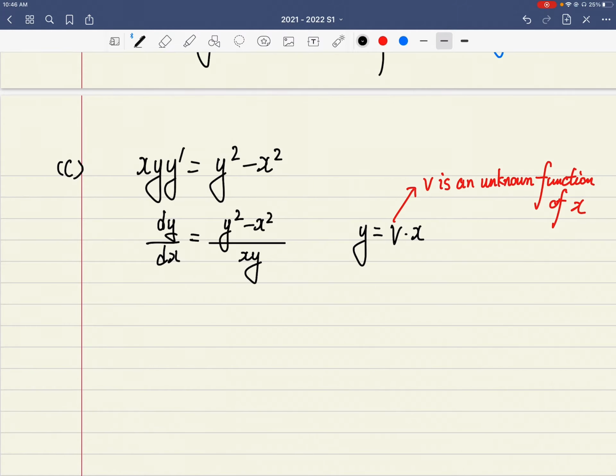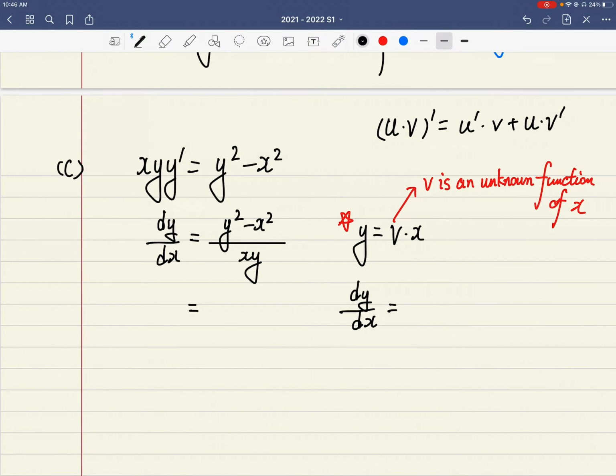Right? So now we can do the work. For the left-hand side, what is dy over dx? So now let's assume y is equal to vx. What is dy over dx now? So now you use a product rule, right? Product rule, u times v's derivative is u's derivative times v plus u times v's derivative.